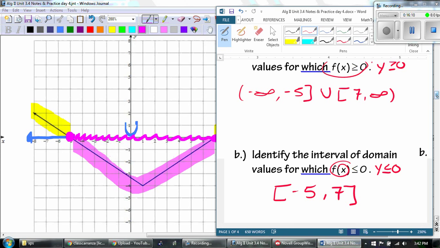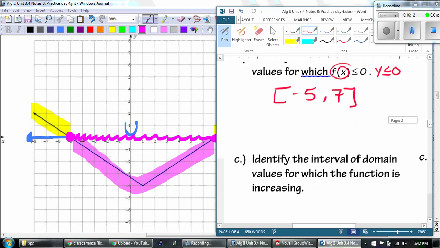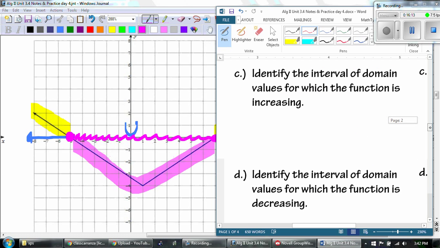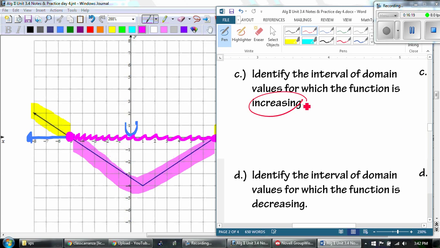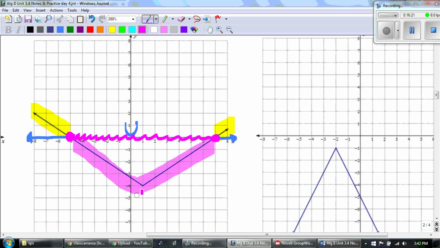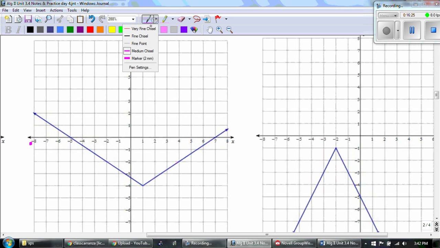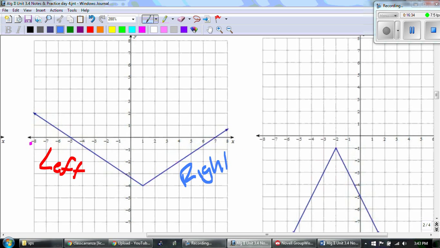All right, what's our next question? So now we're talking about where is it increasing and then where is it decreasing. So I'm going to come over here, I'm going to erase all this stuff, and this is where we talk about the left side versus the right side.